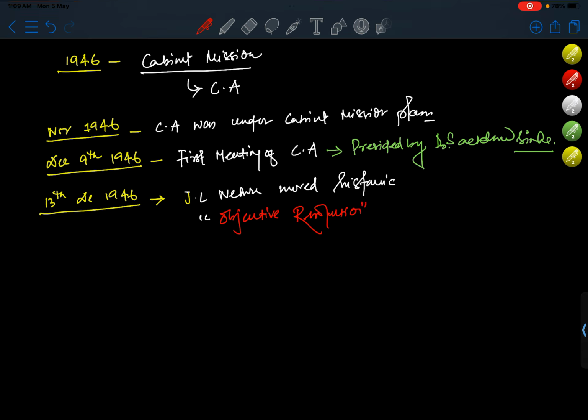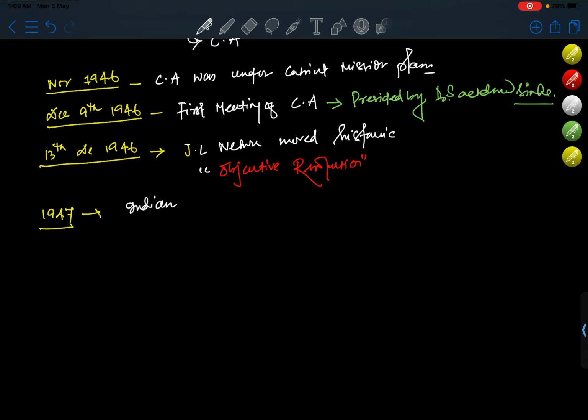Next, in 1947, the Indian Independence Act was passed. It means India got its independence.